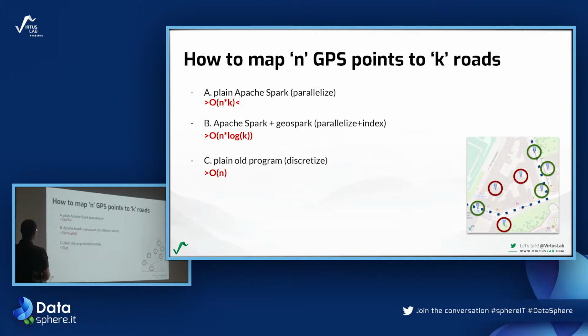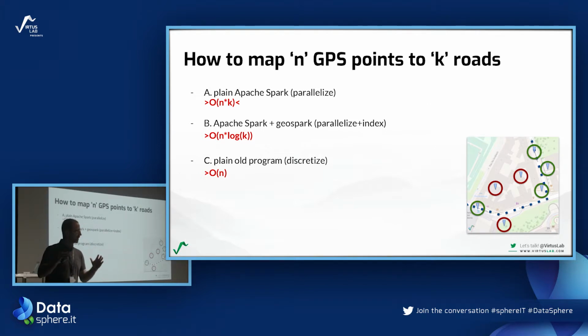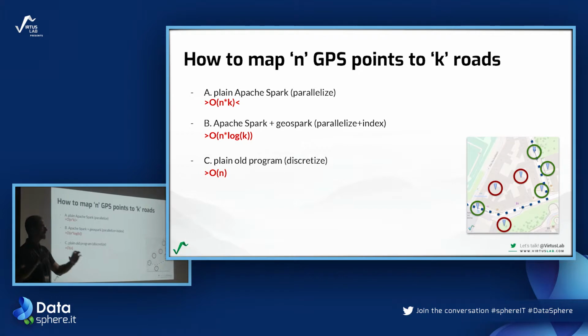So a simple solution to our problem of mapping GPS points to roads would be, okay, let's just take Apache Spark. You have the data set, which is a stream of points, and you have another data set, which is a map of the roads, right? So there is a road map and a stream of points.